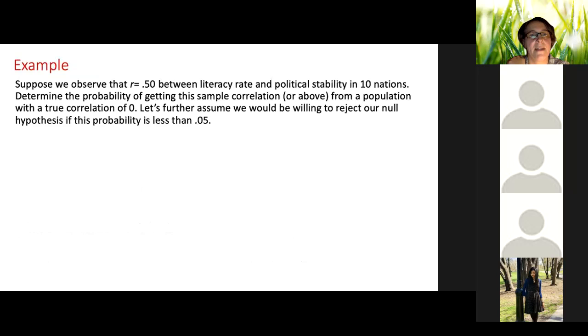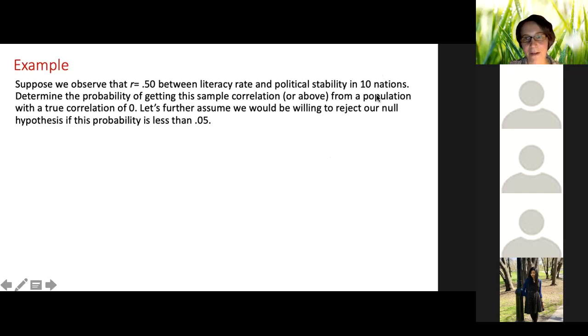Okay, so let's again talk about that using an example. Let's assume we observe a correlation between literacy rate and political stability in 10 nations. The correlation is 0.5. That's actually also a nice example.